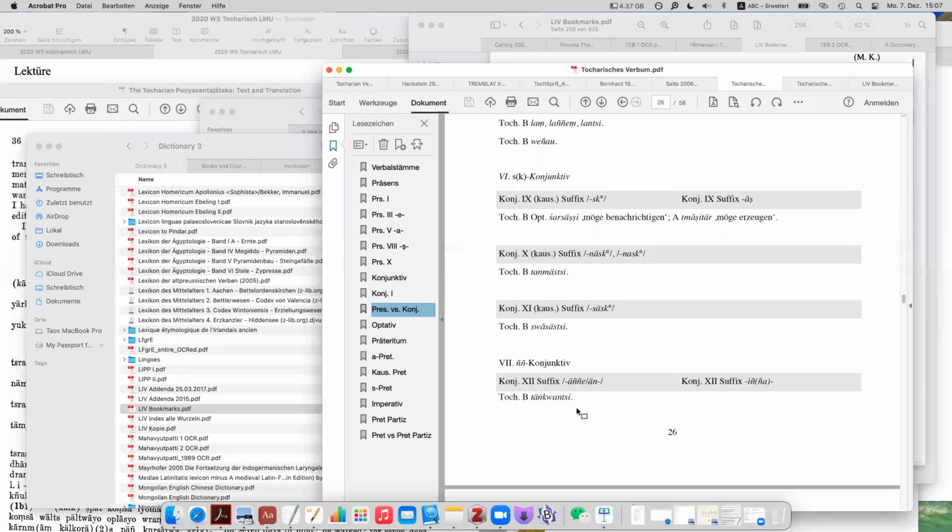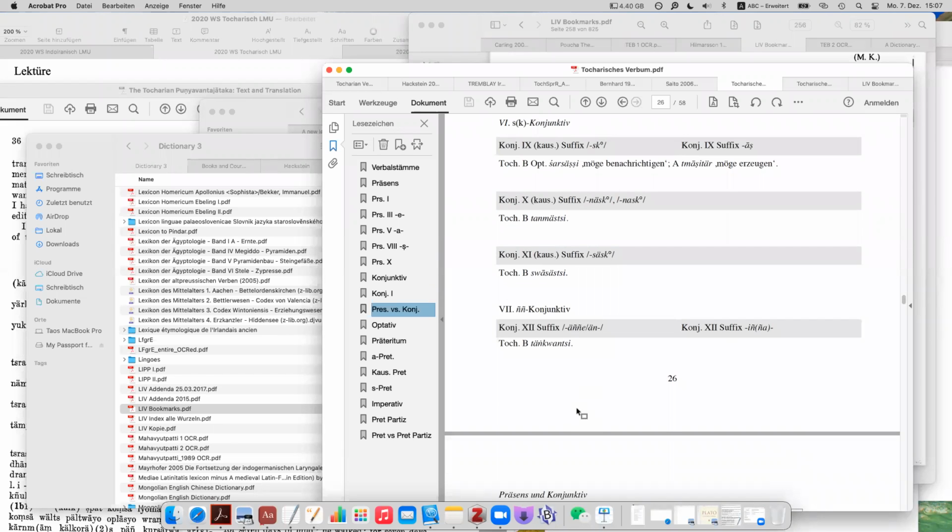So it's basically the same as present. But then how can we know it's subjunctive? It's actually due to the context. If it is about future, possibility or condition, we know that it is subjunctive.